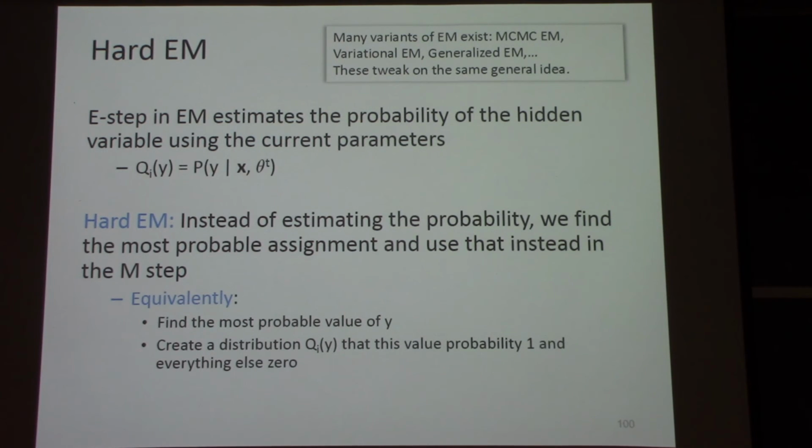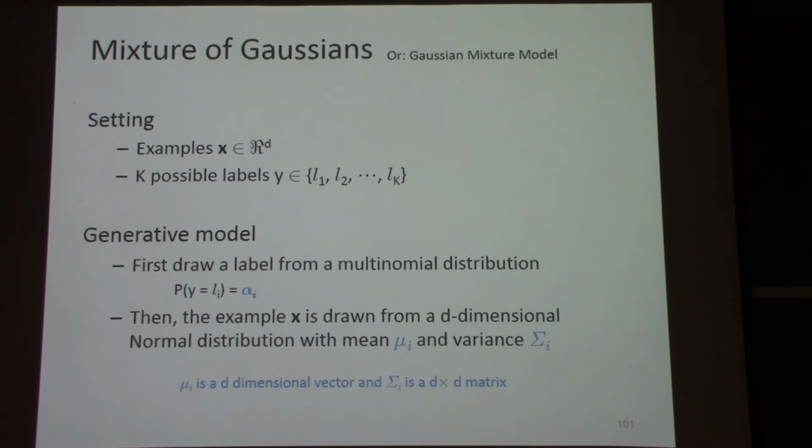There's something called MCMC EM, Markov chain Monte Carlo EM. There's something called variational EM. There's something called generalized EM, which neatly combines the original EM and hard EM into one broader family of algorithms.